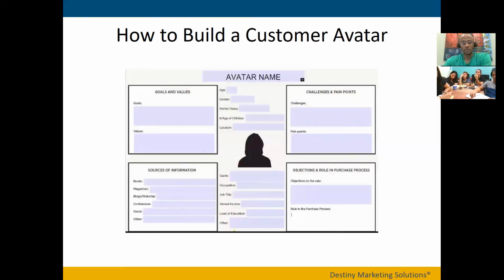The sources of information. Again, going back to Joy's example, someone looking to sing better, think about the books, the magazines, the other blogs and websites that they would visit or read to become a better singer. For singing, they might go to YouTube to look at different vocal coaching videos.